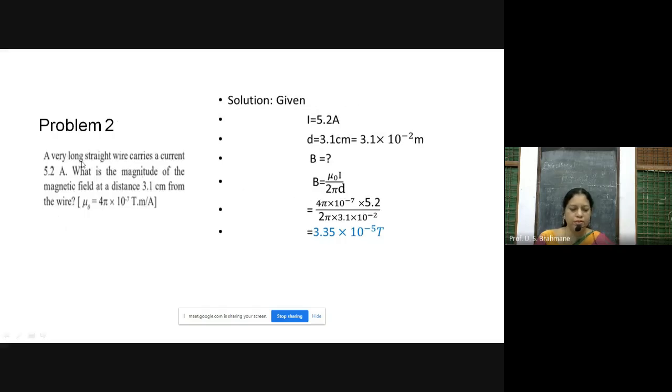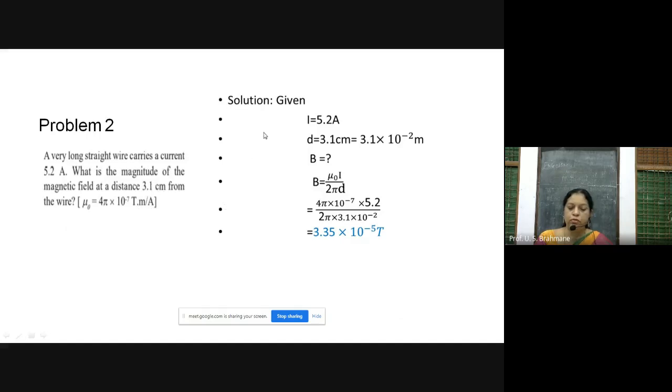See, the problem is similar. A very long straight wire carries a current 5.2 ampere. What is the magnitude of magnetic field at a distance 3.1 centimeter from the wire? Here again there is a straight conductor with current 5.2 ampere, and the distance at which we have to find the magnetic field is 3.1 centimeter.